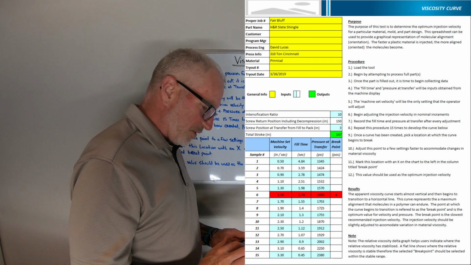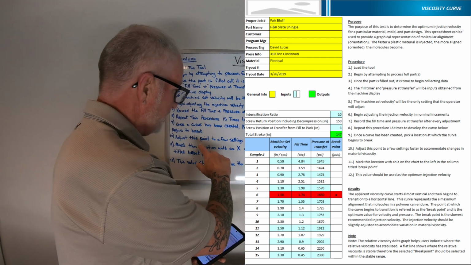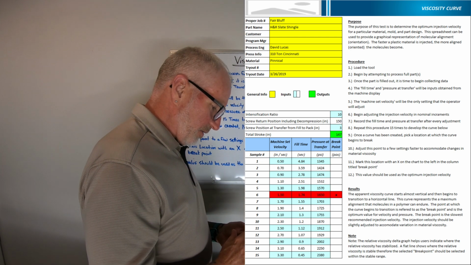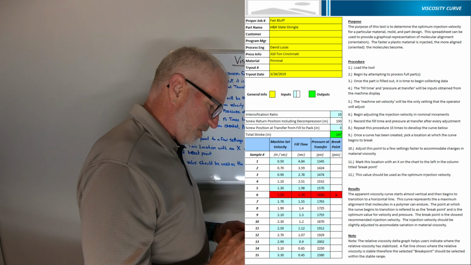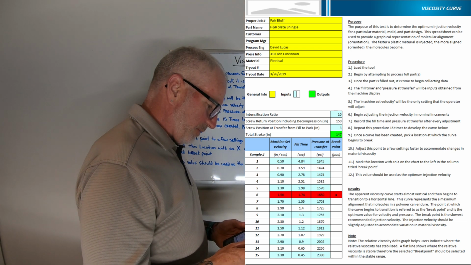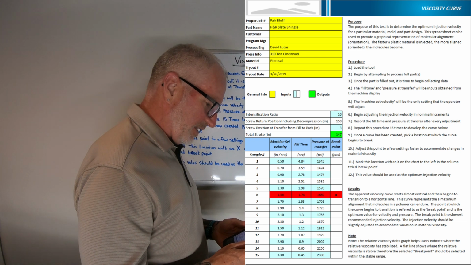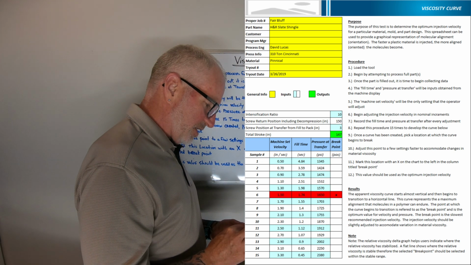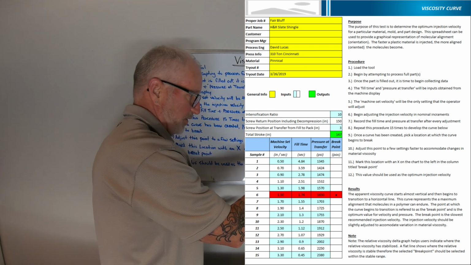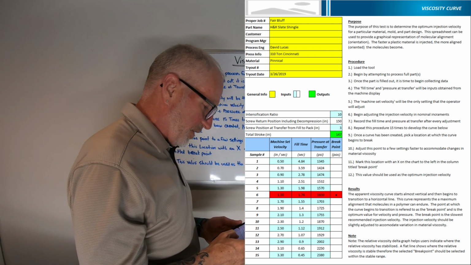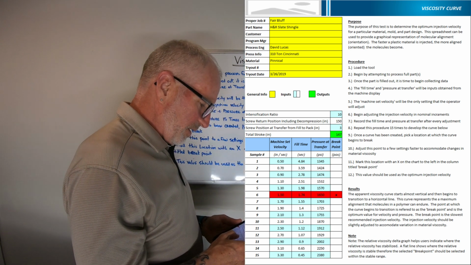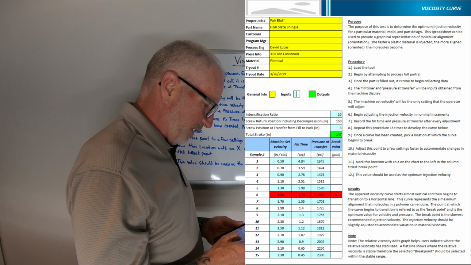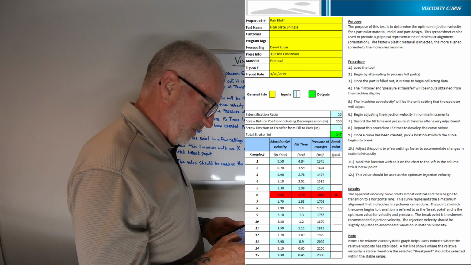So what they're saying on here is that once you have determined all this on your scale here, what your results should show is the viscosity curve starting almost vertical, okay, and beginning to transition to a horizontal line, okay? So if you're looking down here and you're looking at that chart I'm showing you guys, you'll see that. The curve represents a maximum a line of molecules in the polymer can endure.